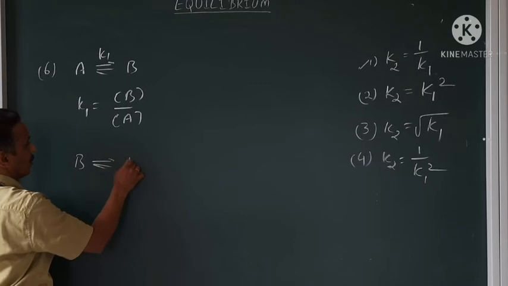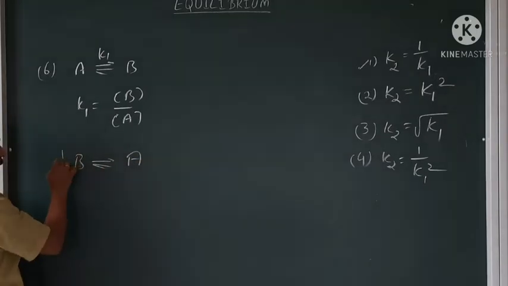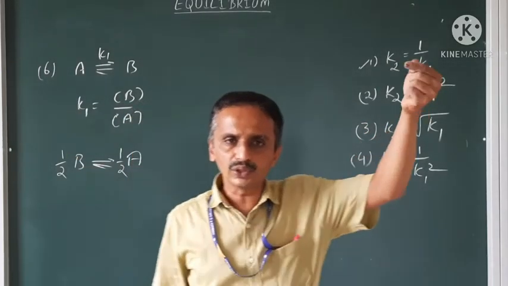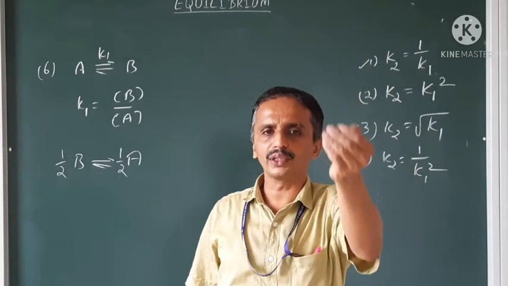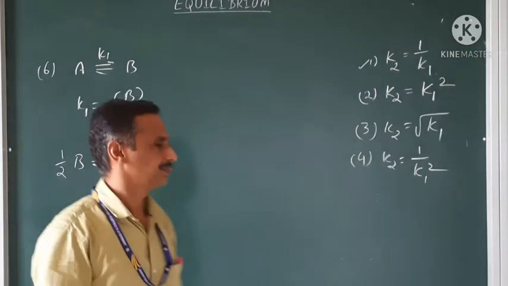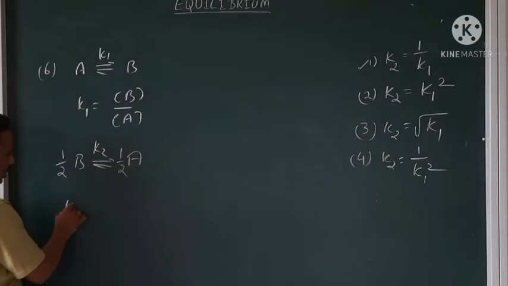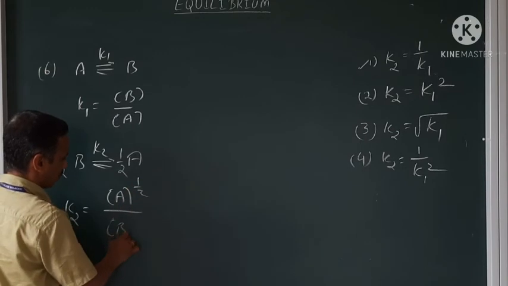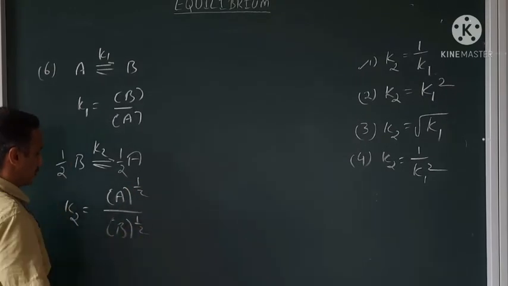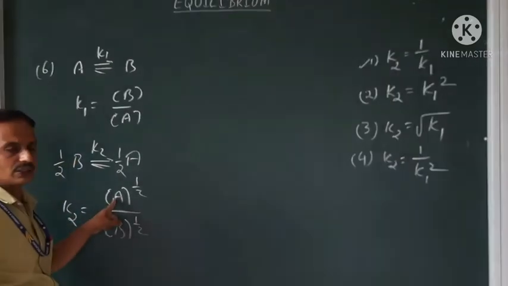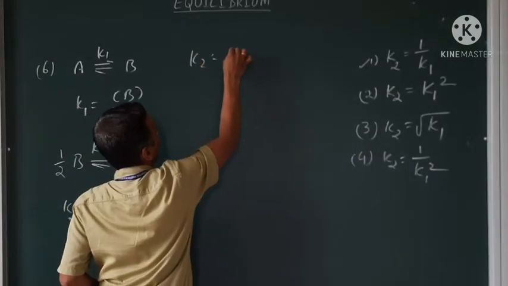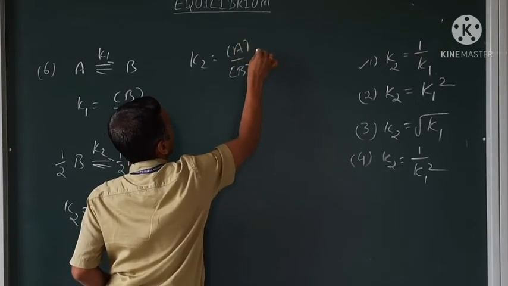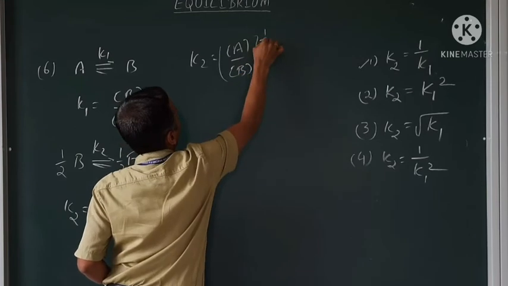B giving A, and I will reverse and make the concentration half. It's the 1 mole, I made half mole. This is K2. So K2 is equal to A to the power half divided by B to the power half. See here, this will be K2 is equal to A by B concentration to the power half mole.